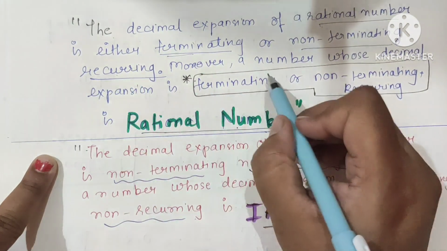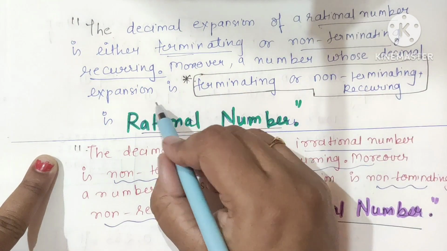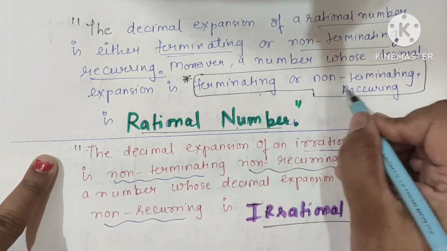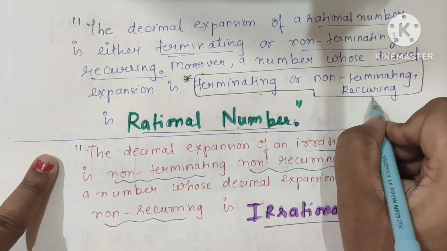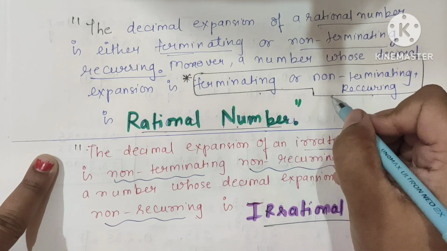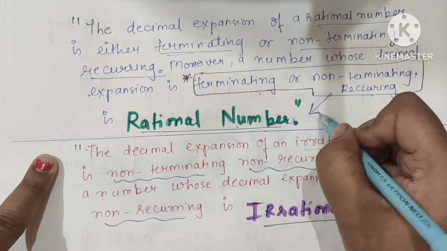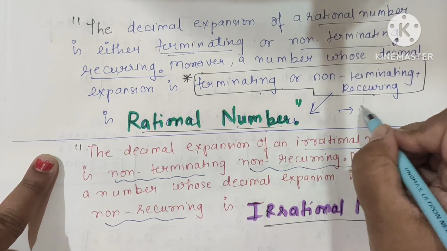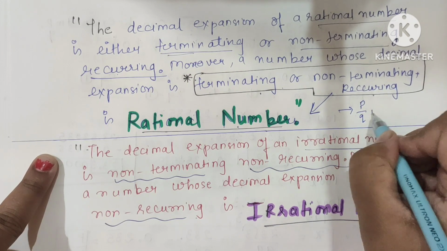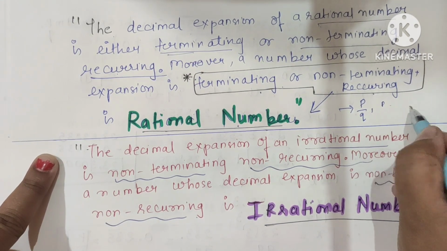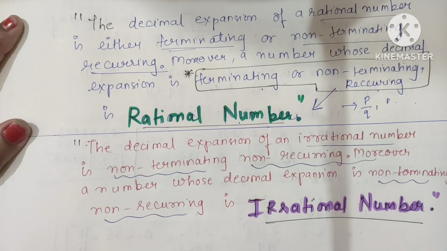So a number whose decimal expansion is terminating or non-terminating recurring, both forms are called rational. Means they can be represented in the form of P by Q, where P and Q are integers and Q is not equal to 0.